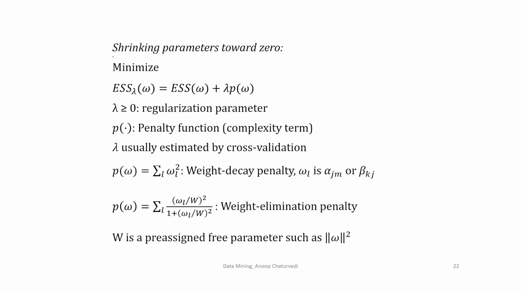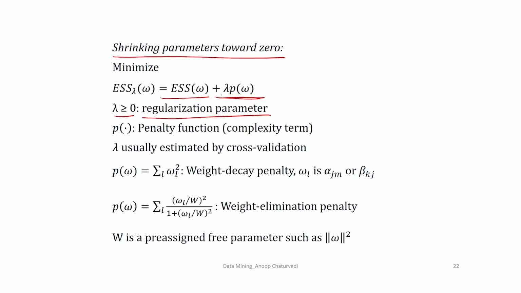Now, one of the options is shrinking parameters towards 0, and then we minimize ESS lambda omega, where ESS lambda omega is defined as ESS omega plus lambda P omega. Here lambda, which is greater than or equal to 0, is the regularization parameter. Obviously, for lambda equal to 0, this part vanishes. So, the problem is simply to minimize ESS omega.